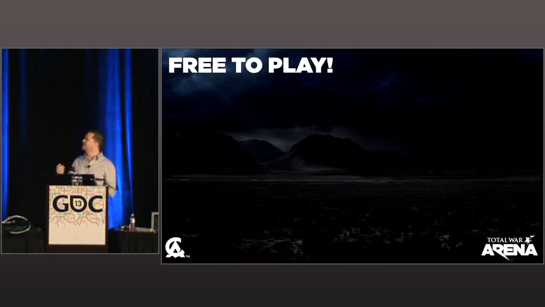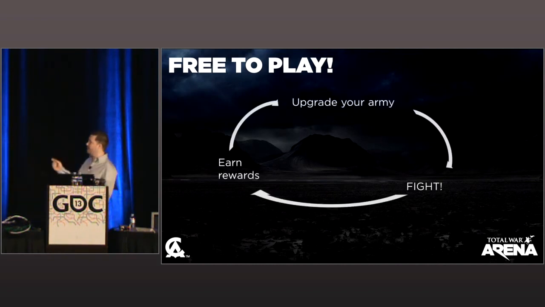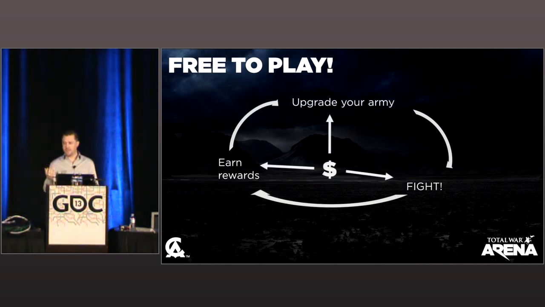So look, I just want to say one thing about our kind of monetization philosophy. If you look at the core game loop, you fight battles, you earn rewards from those battles which you use to upgrade your army. Now, any of these stages could be monetized, right? We could have premium upgrades, we could have premium advantages in battle, but our focus really is going to be all about enhancing rewards.